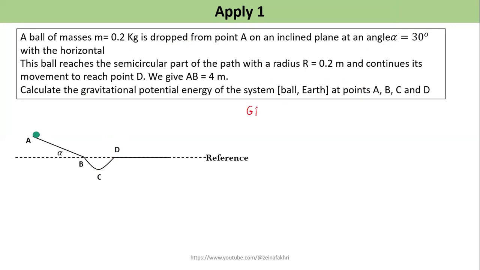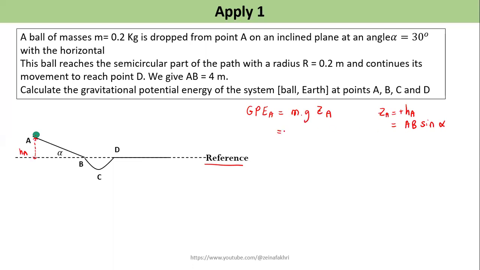So let's start. GPE at the point A is equal to m times g multiplied by z. We notice here is the reference. The point A is above the reference, so the height is positive. But the height of A is not given, so first of all, we have to find it. We notice that HA is opposite to the angle alpha, so we have to use the sine of the angle multiplied by the hypotenuse.